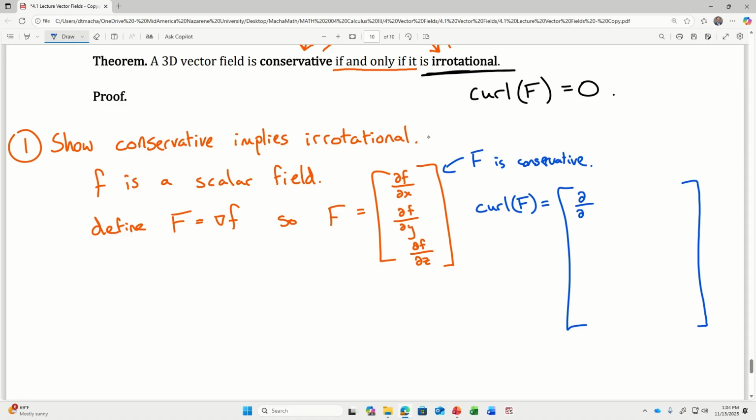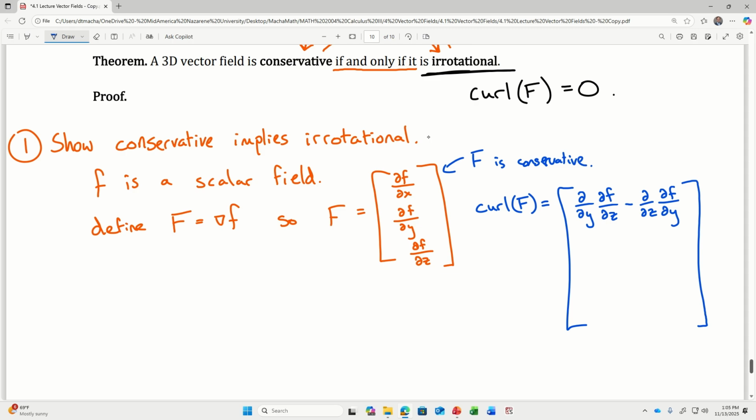So here's the partial with respect to y of f3, which is the partial of lowercase f with respect to z, minus the partial with respect to z of the partial of lowercase f with respect to y.